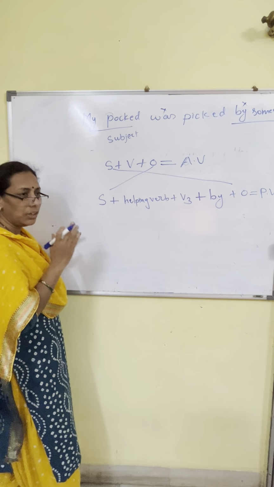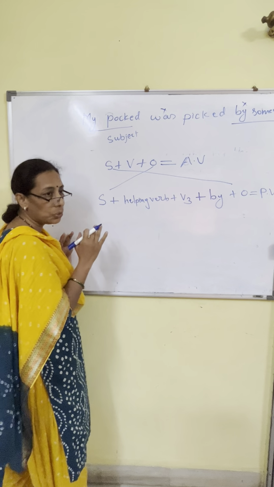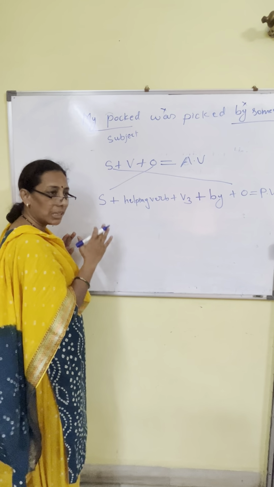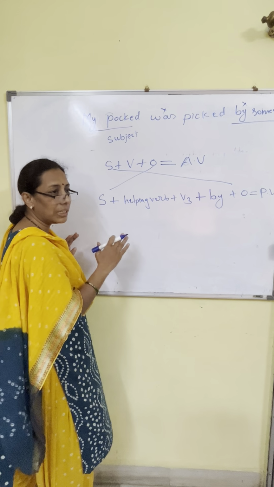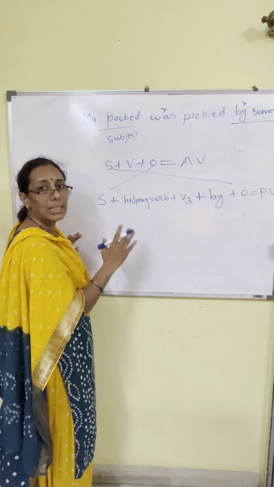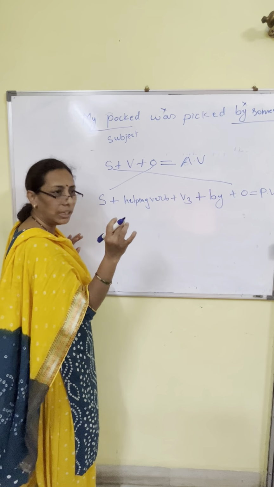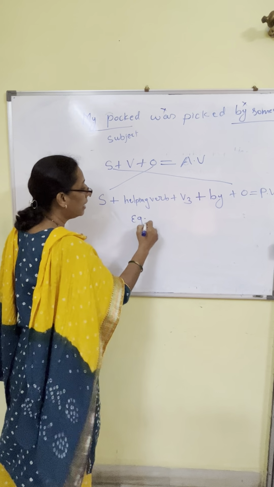So when you are going to see a sentence, first try to see whether the subject is doing something or no. If the subject is the doer, then the sentence is in active voice. When the subject is not doing anything, then it is passive voice. I'll give you two examples. Just try to identify.